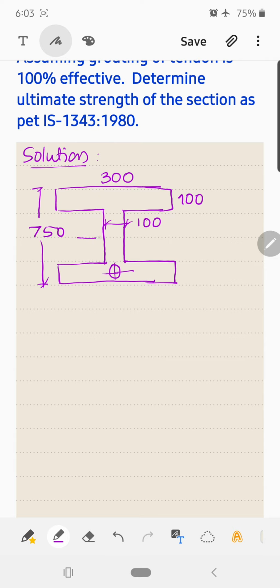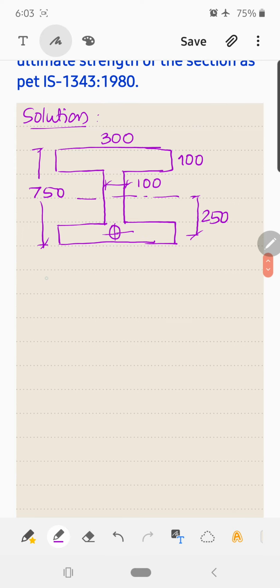The eccentricity is mentioned as 250. So therefore the effective depth is 750 divided by 2 plus this 250. So this effective depth is 625.